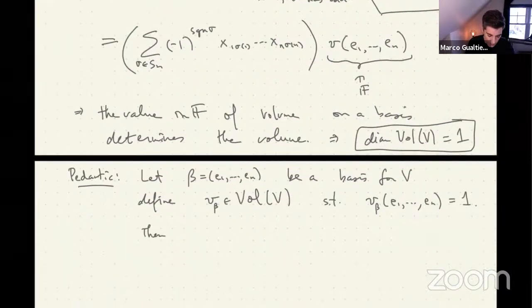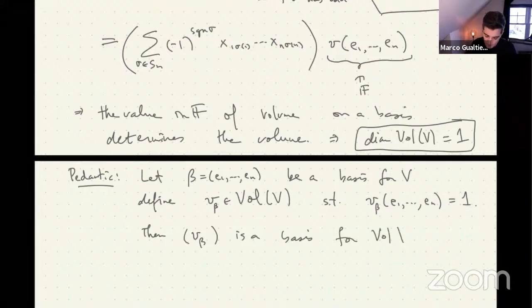Then V_β is a basis. It's a list with one element in it, and it's a basis for Vol V.